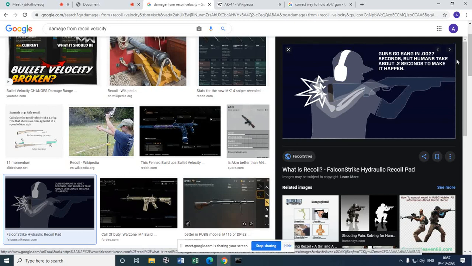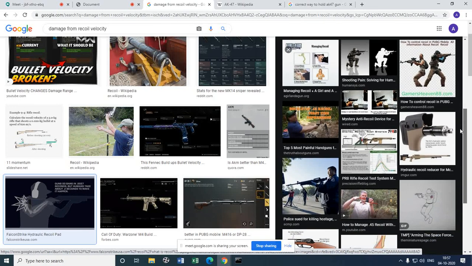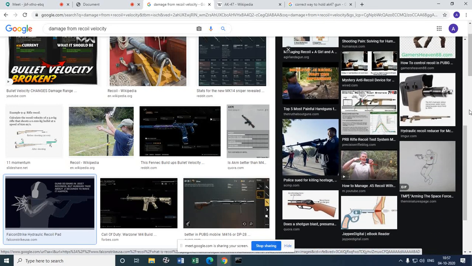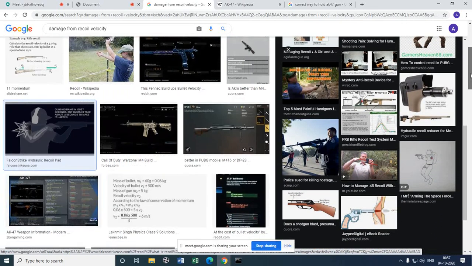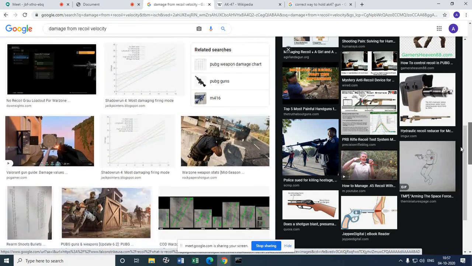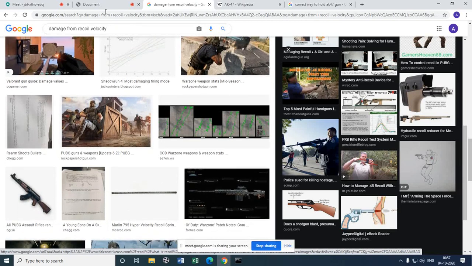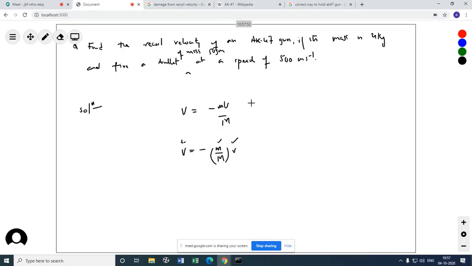So you have to hold it in such a way that you have to be careful. You have to be extremely careful while holding it properly, right? Because that's 6 kilometers. So you have to give your mass. You have to skillfully hold it in such a way. You have to increase this mass. Because if you increase this mass, you would hold it properly and tightly. Then you'll see the recoil velocity will get reduced, right?